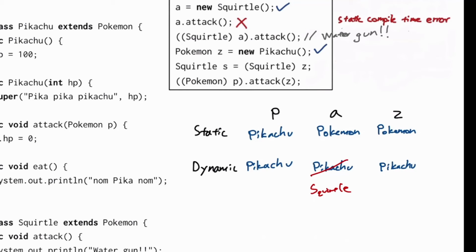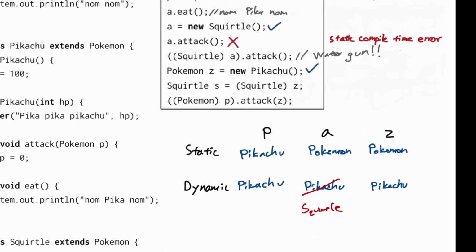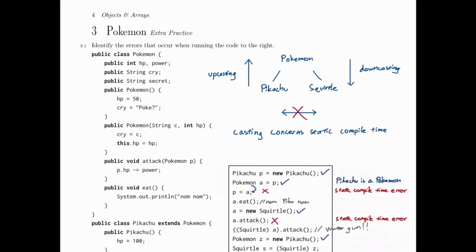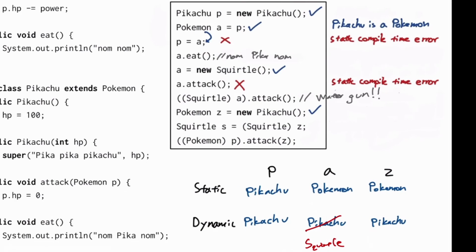Since you're allowed to downcast a variable of type Pokemon to type Squirtle, the compiler will look at this and say that this is fine, because we're just assigning a variable of type Squirtle to a new variable of type Squirtle. However, when we go to actually run the code, z's dynamic type is Pikachu. And remember what I said above about not being able to cast in between subclasses? So this will actually lead to a dynamic runtime error, despite the compiler not catching it early on.